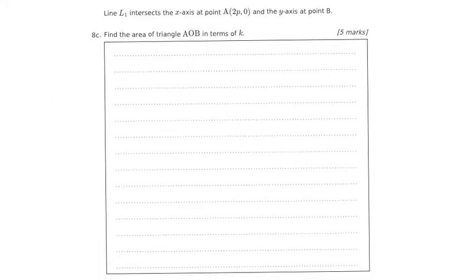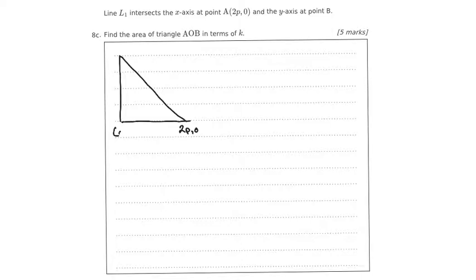8c. The line L1 intersects the x-axis at the point A, which is 2p, 0, and the y-axis at the point B. Find the area of the triangle AOB in terms of k. Well, if we draw our triangle, there's our right-angled triangle. We know that this is the point 2p, 0.